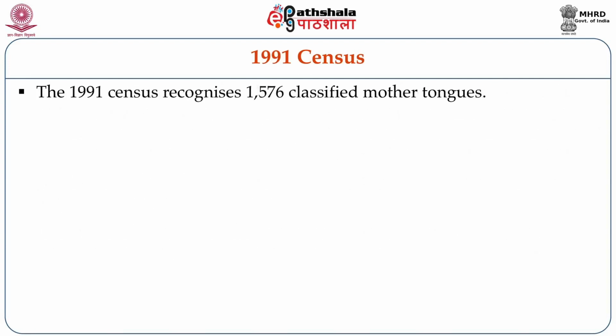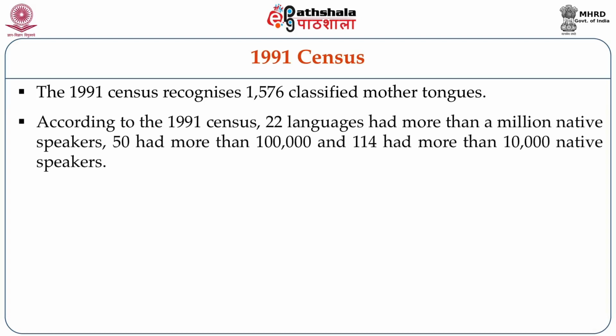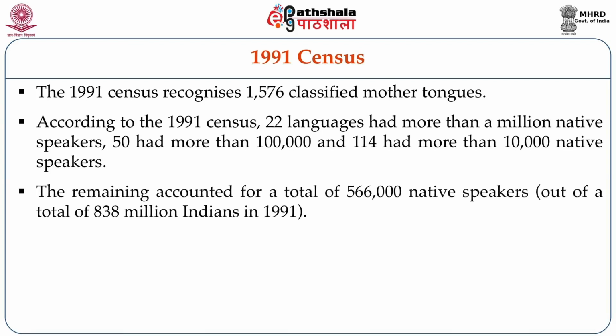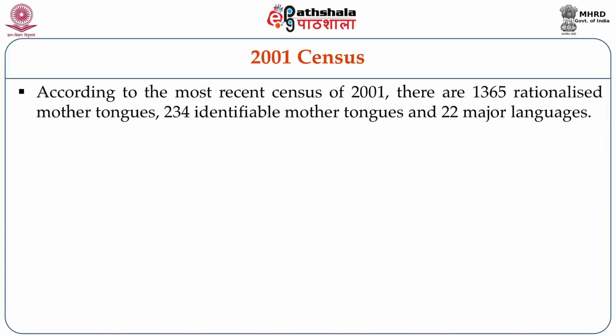We move to the 1991 census. The 1991 census recognizes 1,576 classified mother tongues. According to the 1991 census, 22 languages had more than a million native speakers, 50 had more than 1 lakh speakers, and 114 had more than 10,000 native speakers. The remaining accounted for a total of 5,66,000 native speakers out of a total of 838 million Indians in 1991. 2001 census reports.